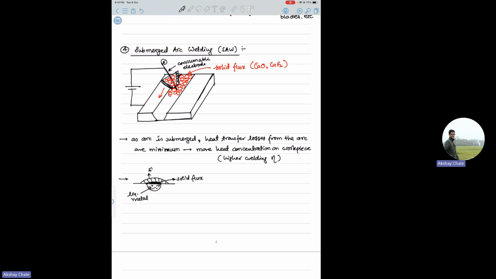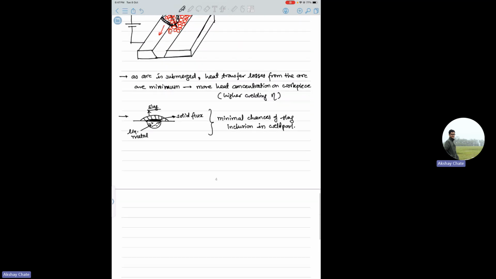That is where the choice of solid flux comes into the picture, and because of this there are minimal chances of slag inclusion. So you basically avoid many of the welding defects. Slag and liquid metal usually don't mix because of the separating layer of solid flux, so you'll have fewer welding defects.